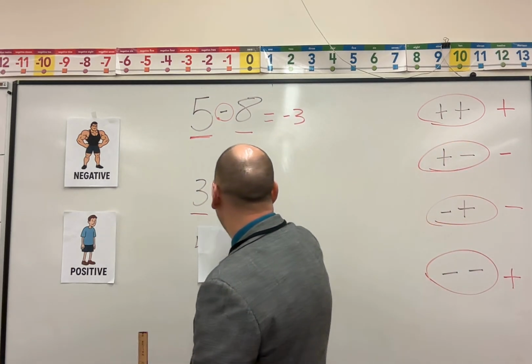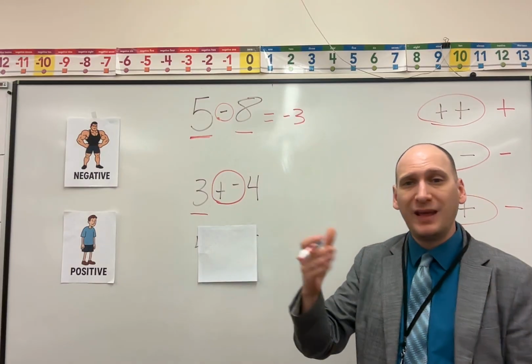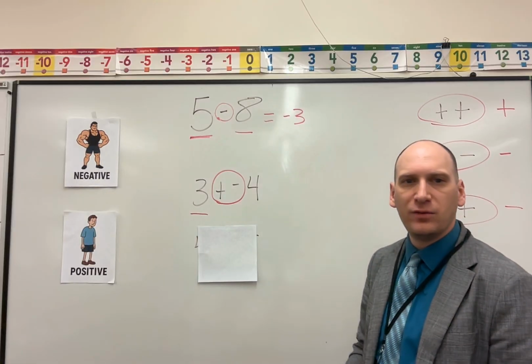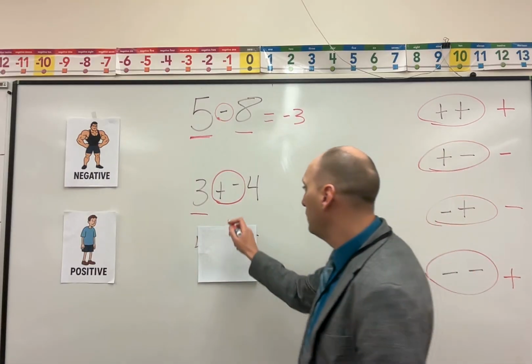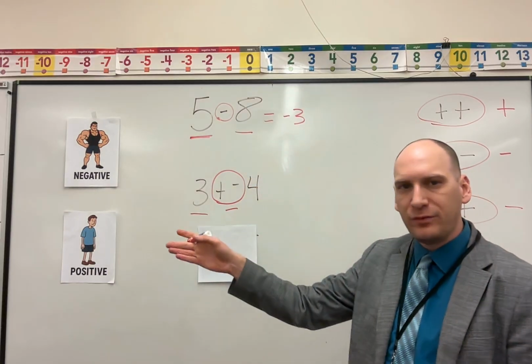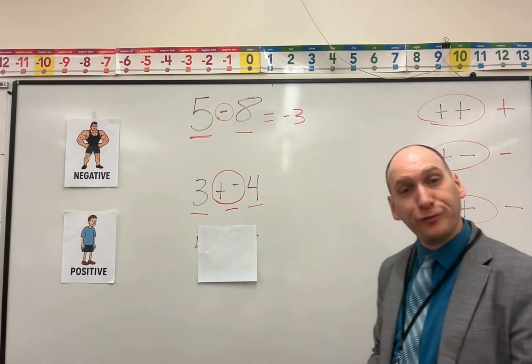Inside this, between the numbers, we have a positive and a negative. And if we look over at our positive and negative representations, in this case, the negative would win, which means that we are going to be moving to the left on the number line again. And this time we're going to move left 4.